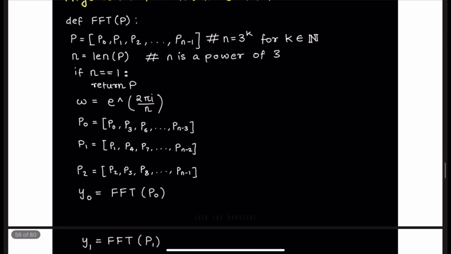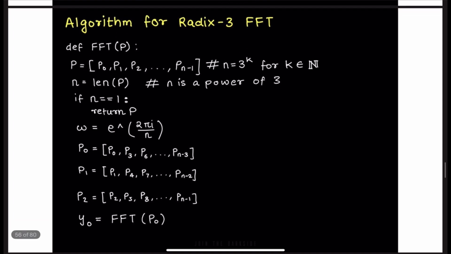Now here's the algorithm for this. The values are then combined using the roots of unity specific to radix 3, which reduces the problem by a factor of 3 in each recursive step.